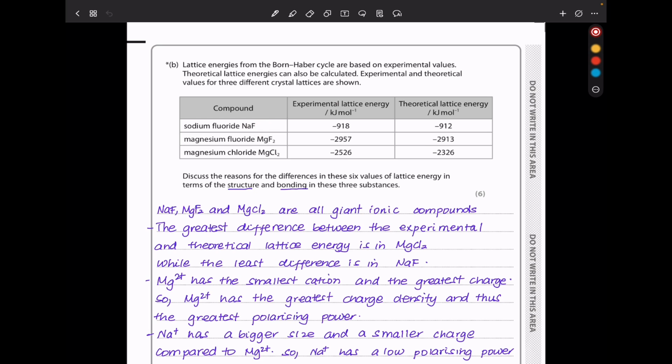It's like sodium fluoride is almost 100% ionic. Now when we compare magnesium chloride, because magnesium is a smaller cation, it's going to cause a lot of polarization or distortion of the electron cloud on chloride more in comparison to fluoride. So the difference between the theoretical and experimental here is going to be greater because magnesium chloride has more covalent nature.